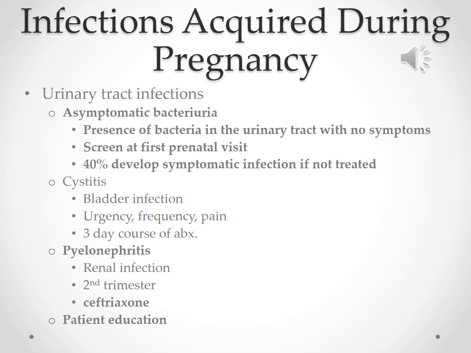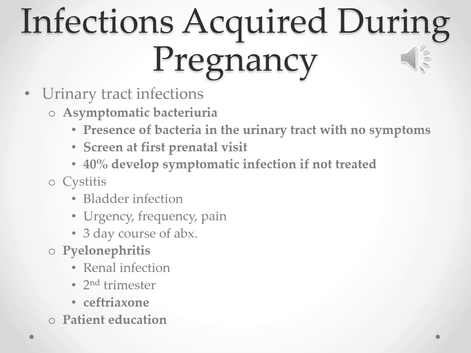So our ideal is to not have any infections in pregnancy at all. You don't want to just throw antibiotics at people, but you have to think about, what am I doing, and if I don't do something, what's my end result here. So keep in mind, 40% will develop a symptomatic infection if you don't treat them. Cystitis is a bladder infection.